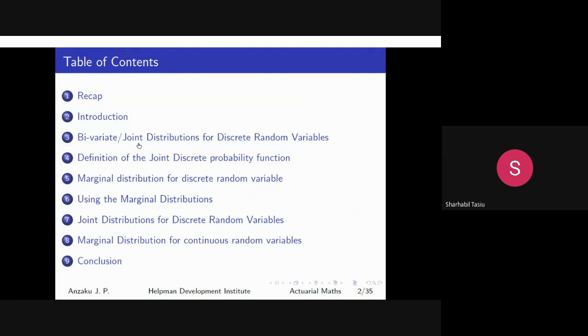Recall in our earlier classes, we mentioned univariate, bivariate, and multivariate. Univariate means we are dealing with one variable, bivariate we are dealing with two, from bi, bicycle and so on. And when there are more than two, three or more, then we are dealing with multivariate variables.